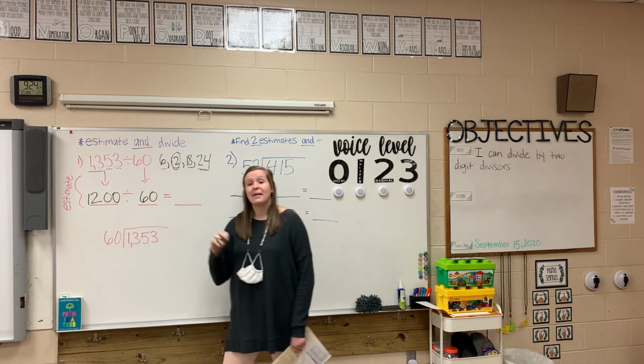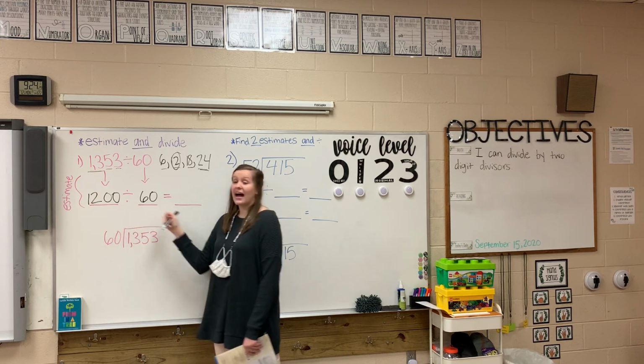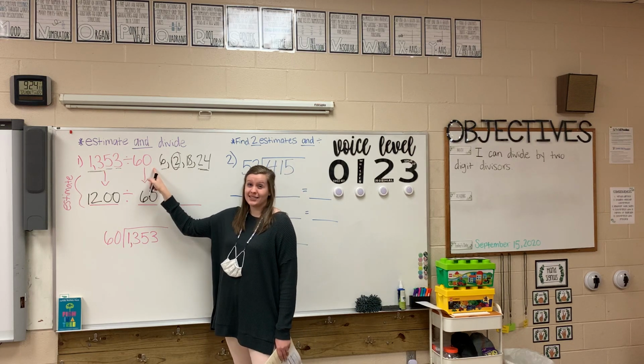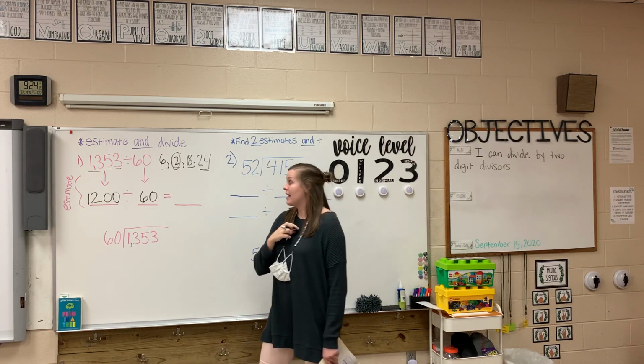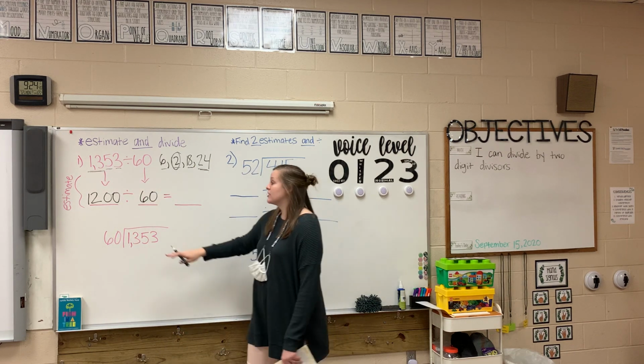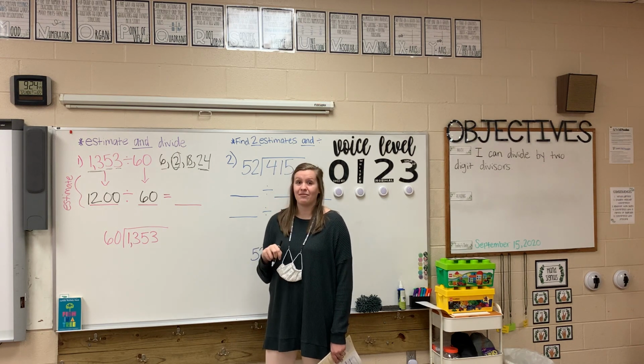So to make my estimate, I have 1,200 divided by 60. I didn't have to change my 60 because 60 already ends in a 0 and it's easy for me to divide by. But I changed my 1,353 to 1,200 because that's going to make it easier for me to do that in my head, right?